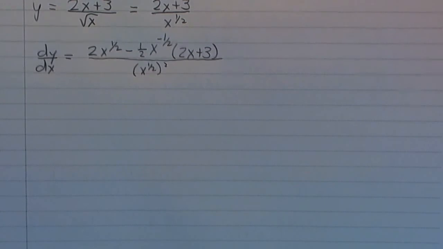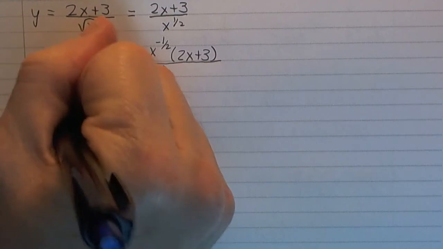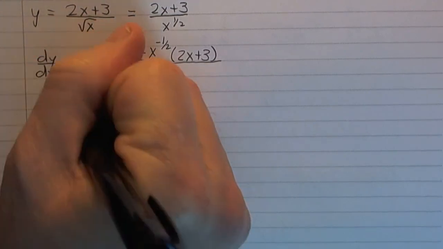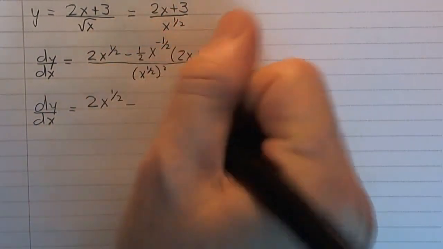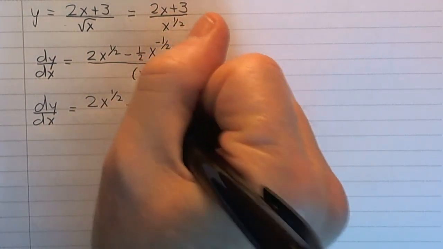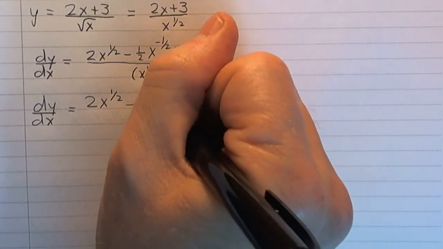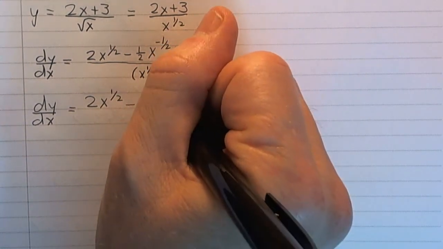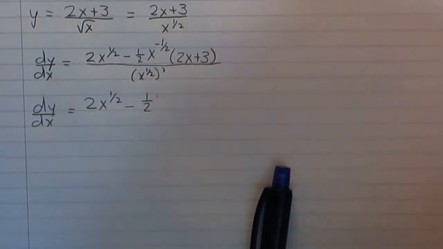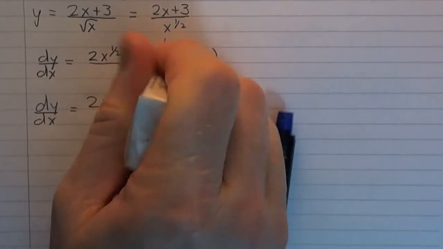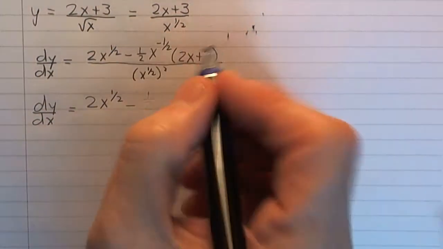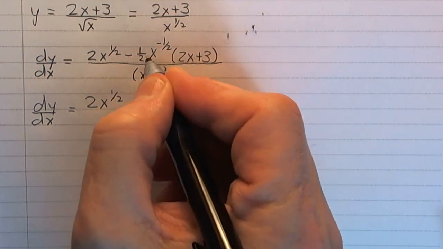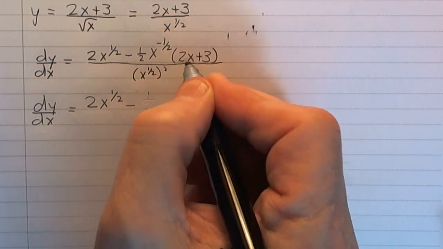Okay. Now let's see what we're left with here. So I've got dy dx is equal to 2x to the 1/2 minus 1/2 x to the negative 1/2. And actually, let me go ahead and distribute that through while I'm at it. Okay, so if I distribute this through, now you've got to be careful. Remember to distribute the negative through. 1/2 times 2, that's just 1.